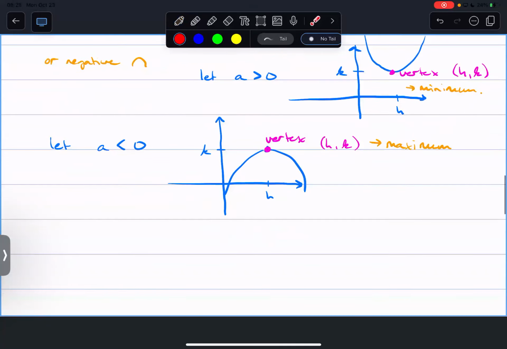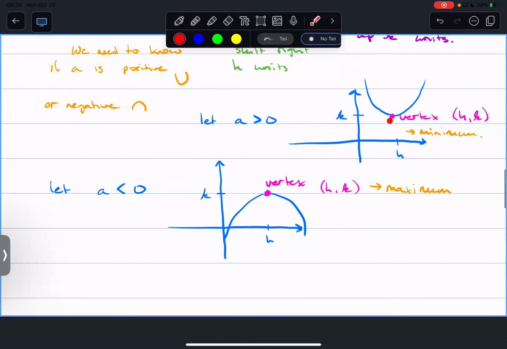Is it possible to minimize the second one? No, right? Because it goes to negative infinity in both directions. So you really only can maximize it here. Same thing for the first one. You really only can minimize it, because to maximize it, you'd have to go to infinity, and that's really hard, or impossible.